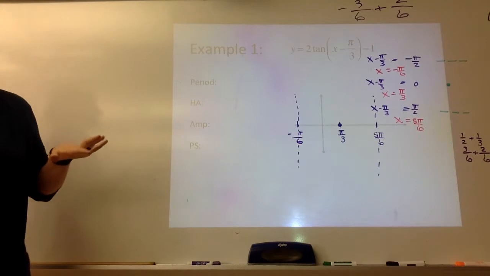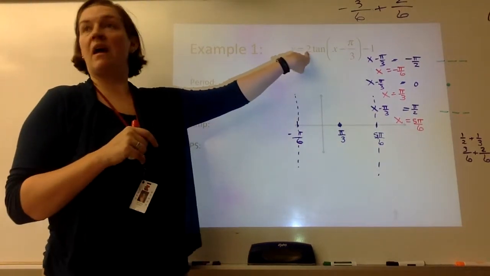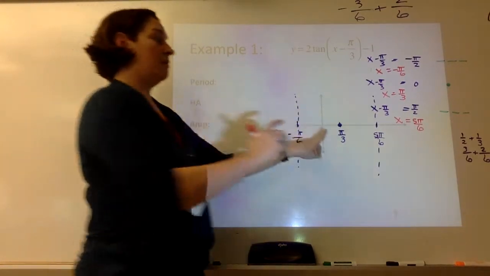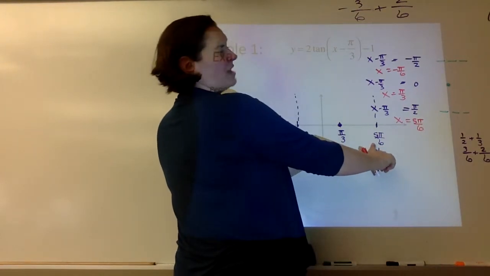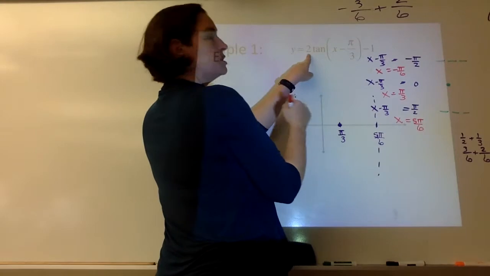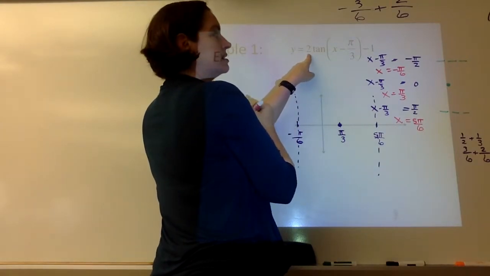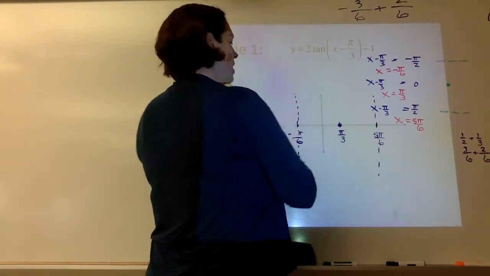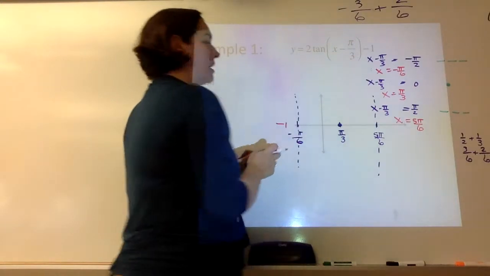All right, so tangent. Notice I have no negative sign out front, so it's still going to be between here and here, which I'm thinking is quadrant 1, which should be up top here, right? But what did the 2 do? It makes it steeper. And the minus 1 just tells me my center line is at minus 1.